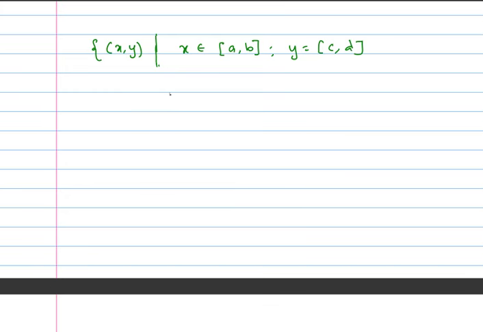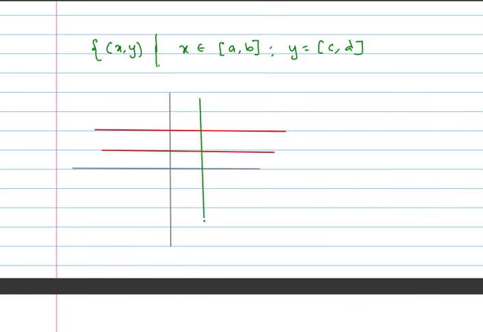This is the y axis, this is the x axis. Now, x equal to a line: I assume this is x equal to a, and this is x equal to b.